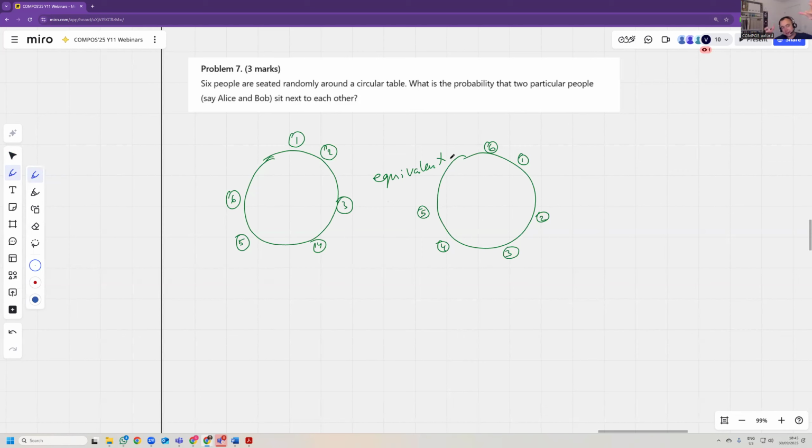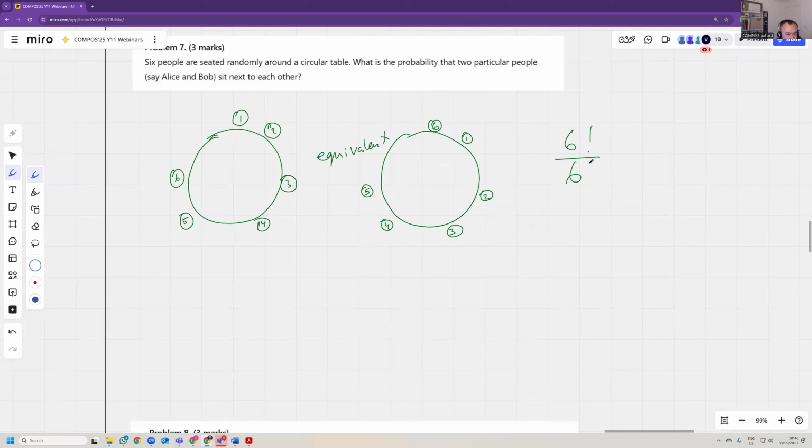You can rotate the people, and there are 6 possible positions for each sequence of people. So you can say it's 6 factorial ways to seat 6 people, but you have to divide by 6, because for each sequence of 6 people, there are 6 positions which are identical.